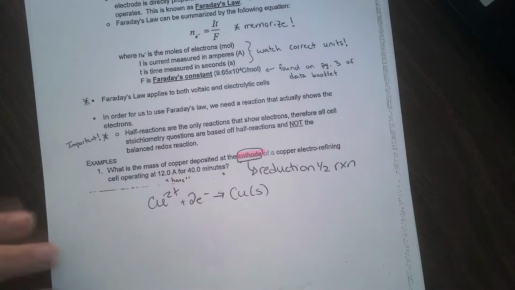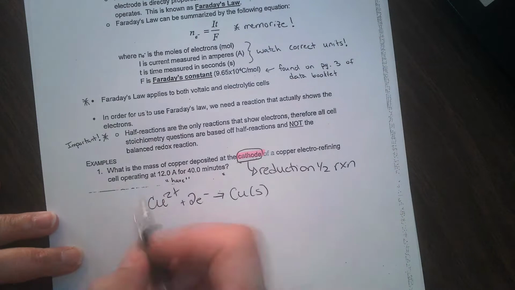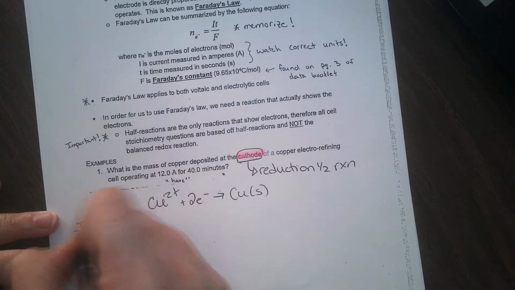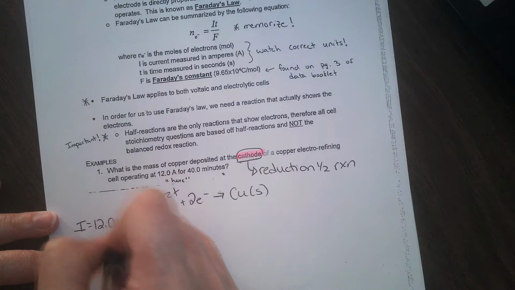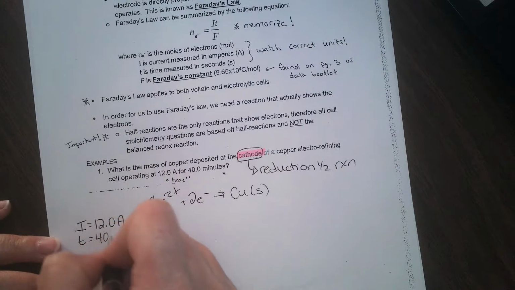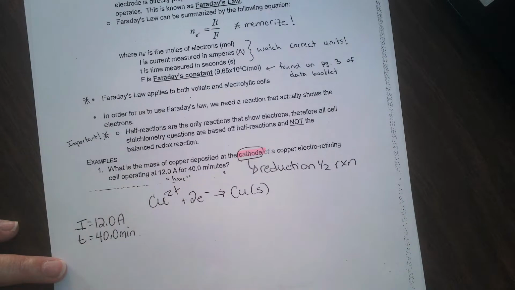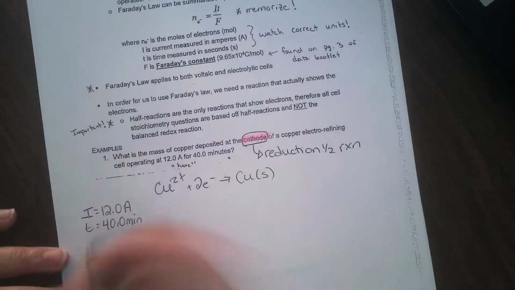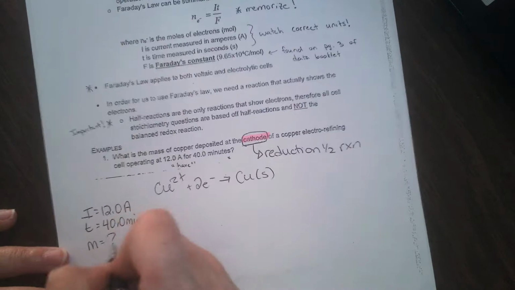And then our pieces of information that we have. We have current at 12.0 amps. We have time at 40.0 minutes. And we're looking for mass.